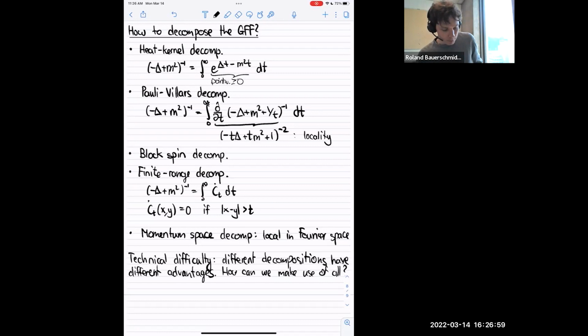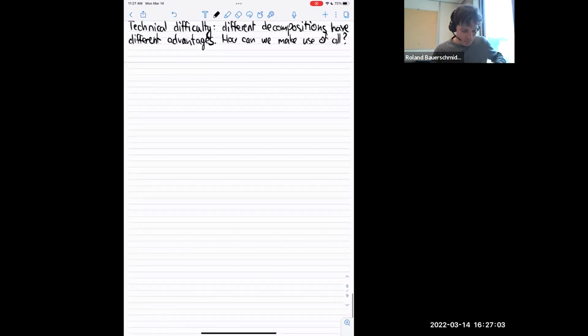Okay, so we've looked briefly at how to decompose the free field. Now we can look at the renormalized potential.